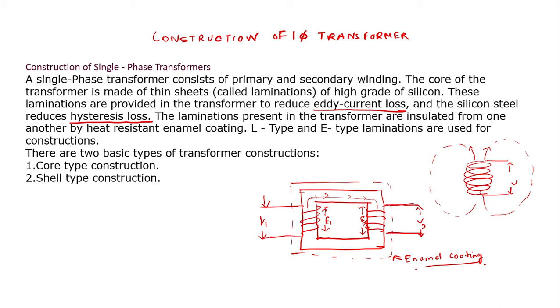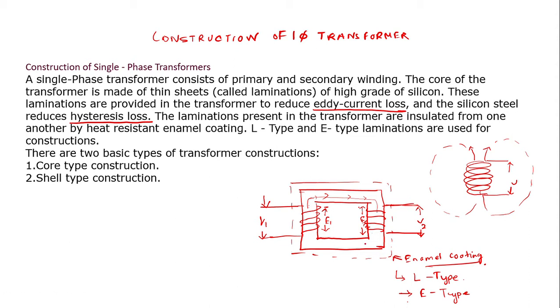The types of these laminations are either L type or E type laminations. So L-type and E-type are basically the structure of the laminations.